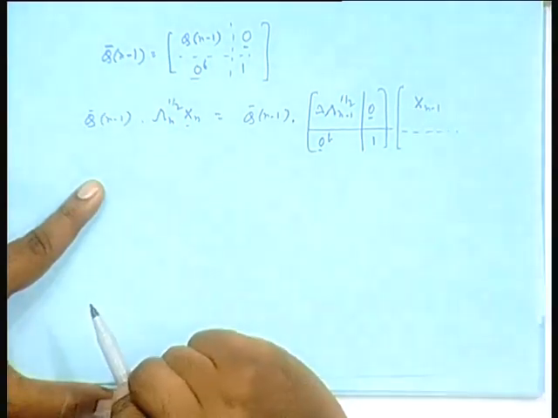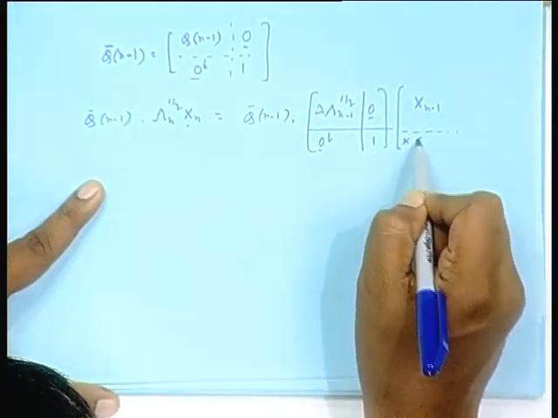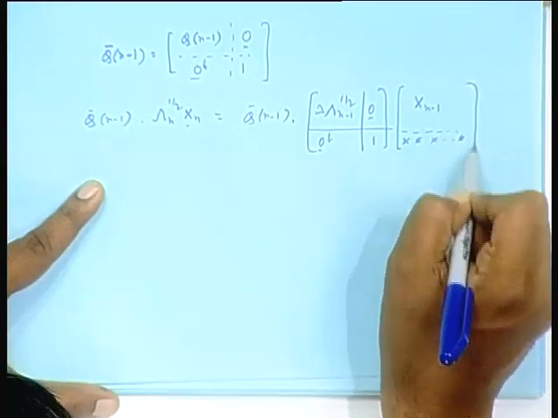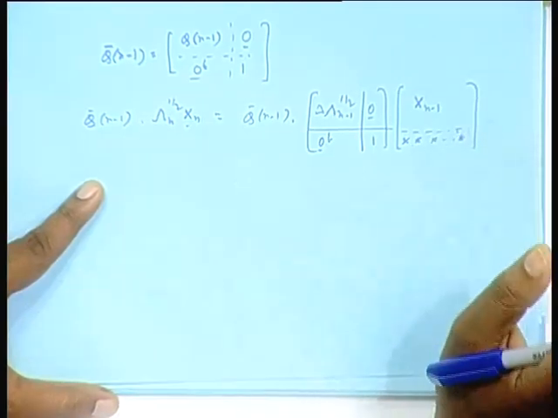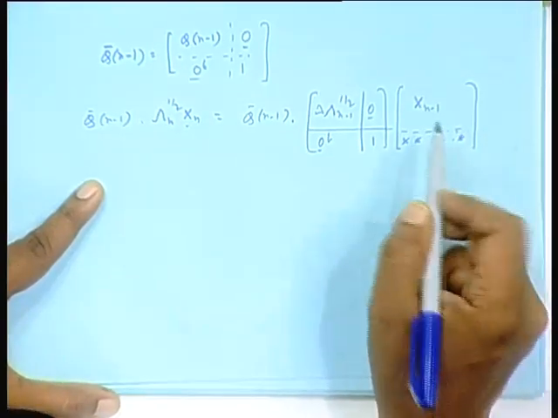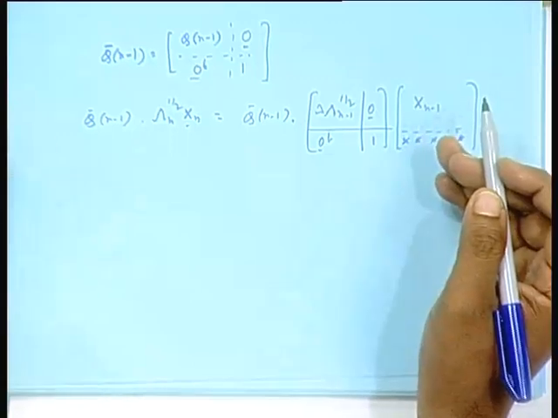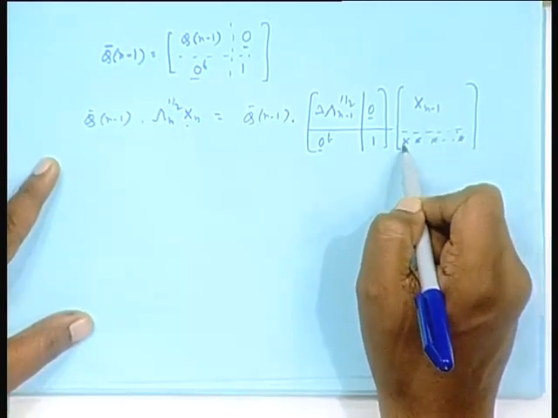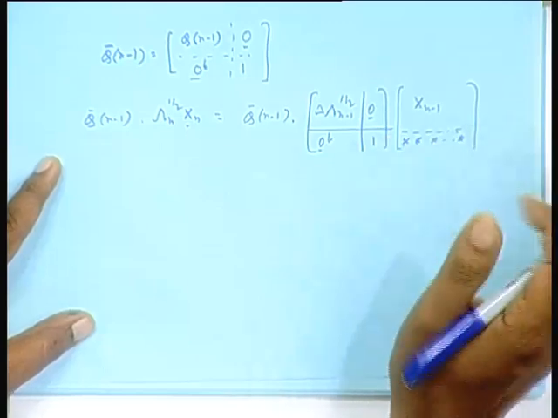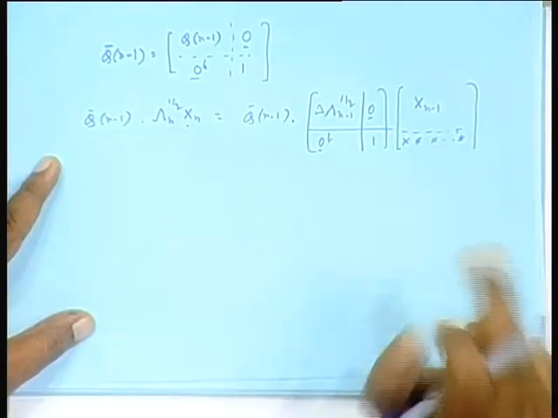X n minus 1 and some data: the nth index value of x 1 n, the nth index value of x 2 n. I am writing this separately, no problem. What is the x n matrix after all? In the upper part I write x n minus 1, the data collected up to the n minus 1th index, and then x 1 n, x 2 n, dot dot dot. Instead of writing all that, I am putting a star. Okay.